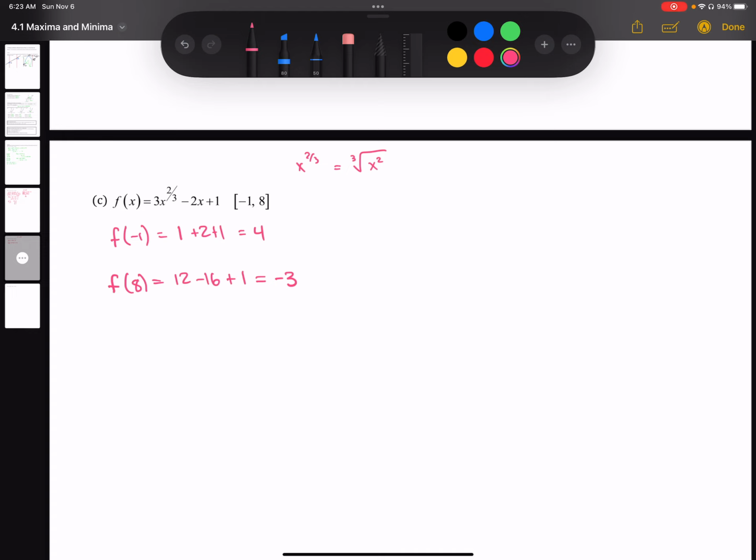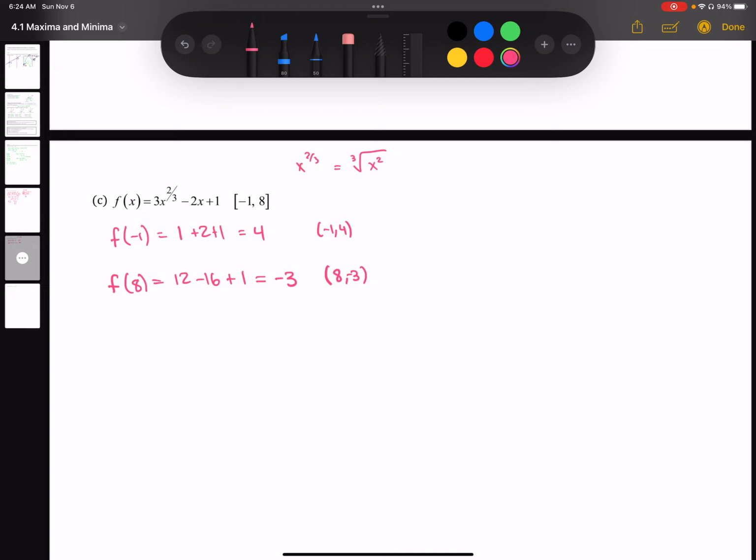So for our endpoints, we have the point -1, 4, and we have the point 8, -3. So right now it seems like the maximum is 4 and the minimum is -3, but we could have a place where our derivative is equal to 0.